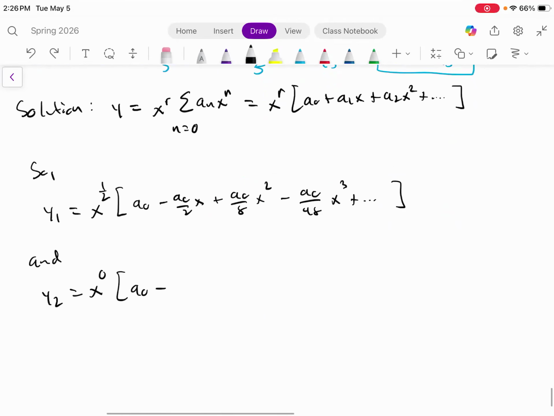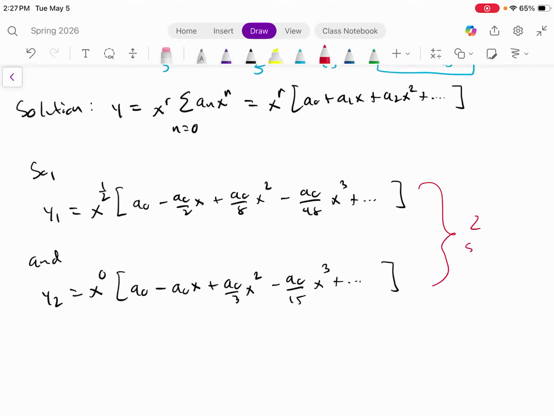So let's plug those in. a naught over 3 x squared minus a naught over 15 x cubed plus dot dot dot. So those are my two solutions, two power series solutions.